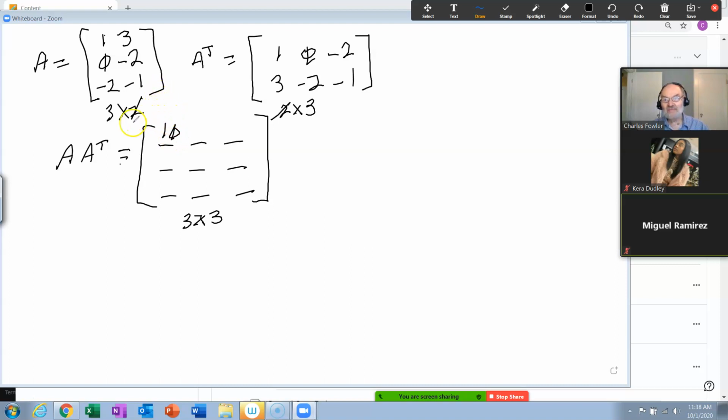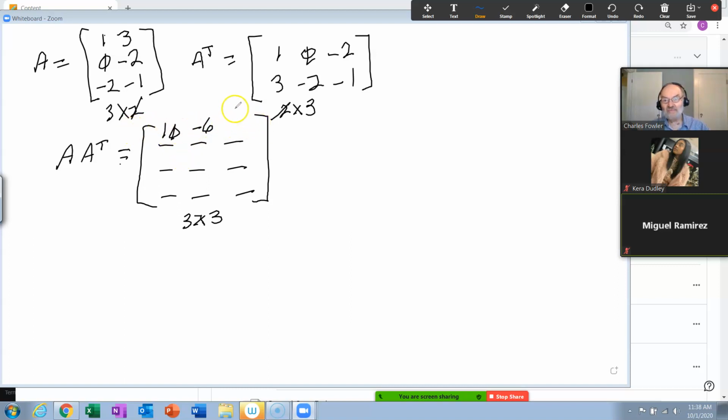Okay. The 1, 2 entry here, first row, second column, will be the first row of A, second column of A transpose. That would be 1 times 0 is 0. 3 times negative 2 is negative 6. Correct?